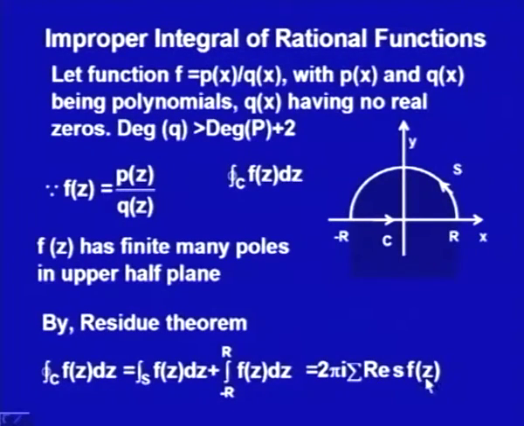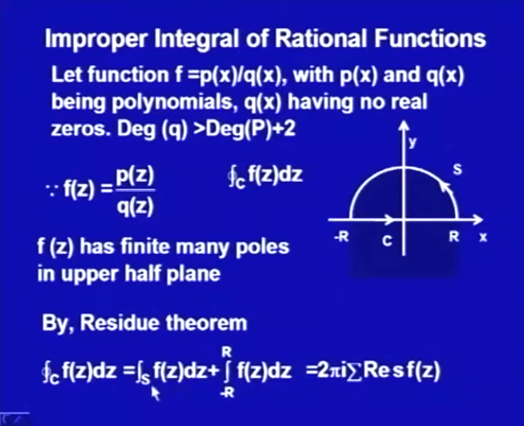Residues are certain finite numbers, and the sum of them is finite, so the right hand side would be a finite one. So, when I put the limit as r is approaching infinity on both sides, this side being a constant not depending on r, it would be the same as this one. Here this would change to the improper integral from minus infinity to plus infinity of f(x) dx.